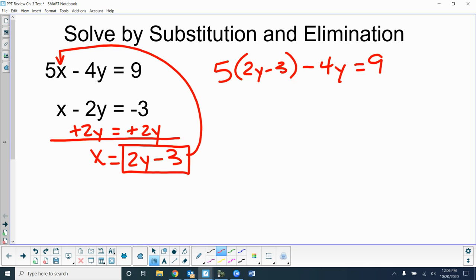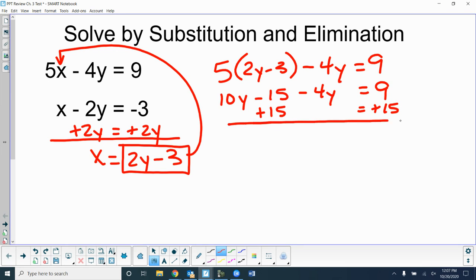So we just rewrote that top equation using 2y minus 3 for x. Distribute your 5. Add your 15. And you get 6y equals 24. Divided by 6. Y is 4.